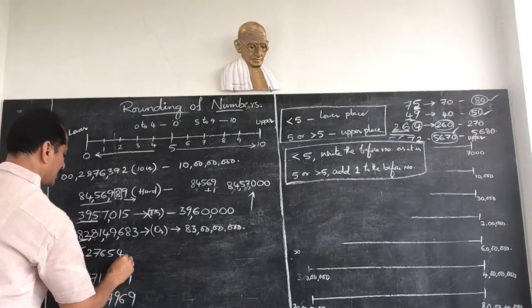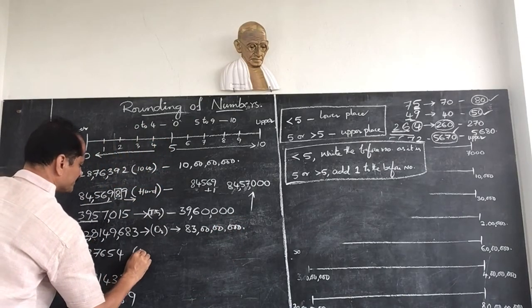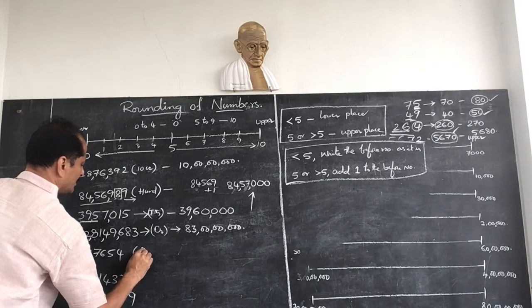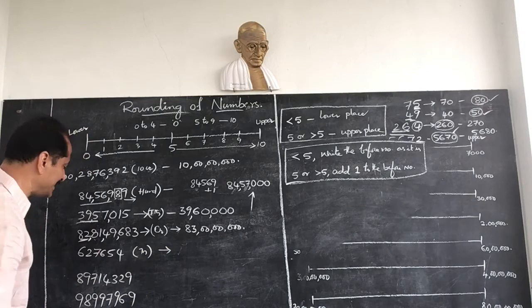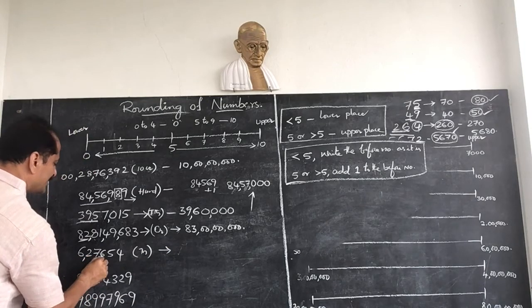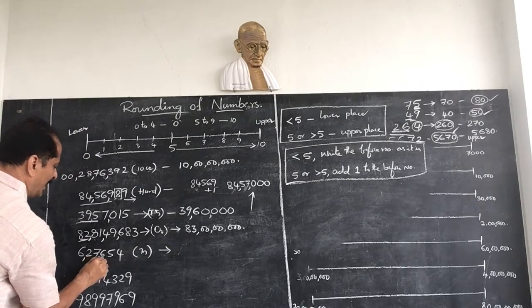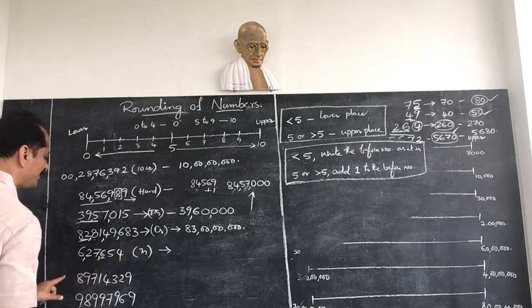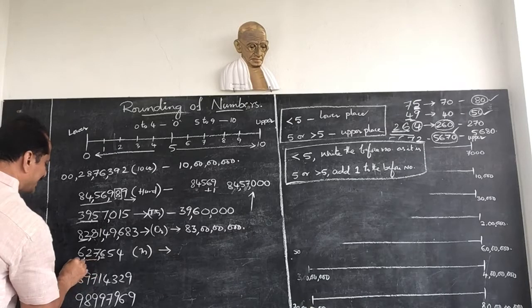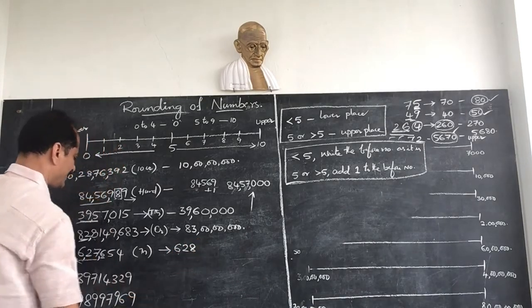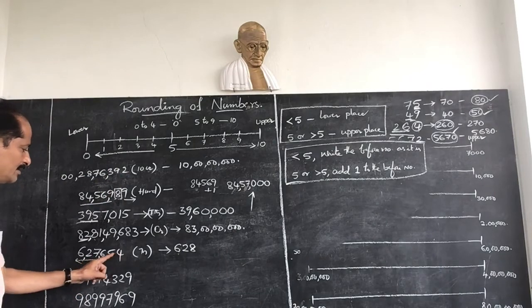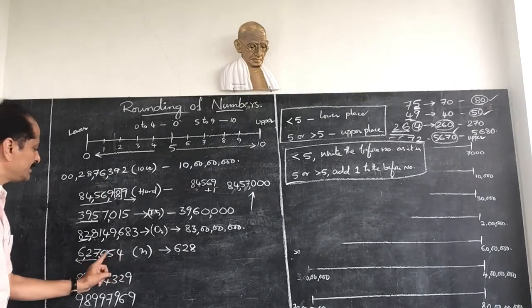Next this one. Round off this number to the nearest thousands place. So we should see next lower than thousands place. Next lower than thousands place is hundreds place. Digit in hundreds place 6. 6 is there means add 1 to the before number. ఈ మొత్తానికి ఒకటి యాడ్ చేయండి. 627 plus 1 628 and what to do? 3 zeros.